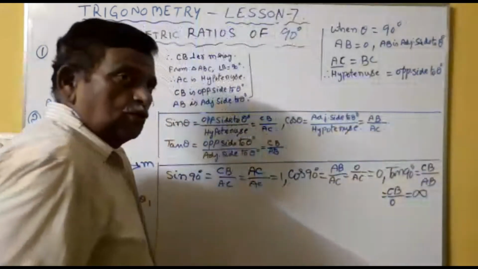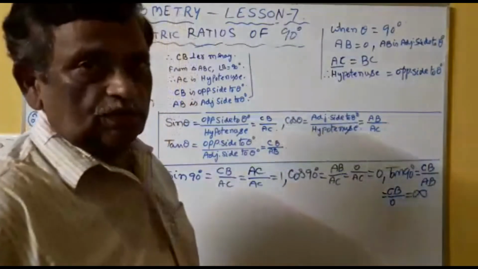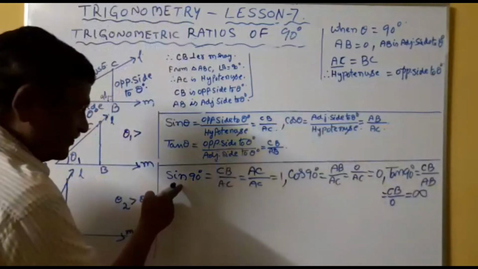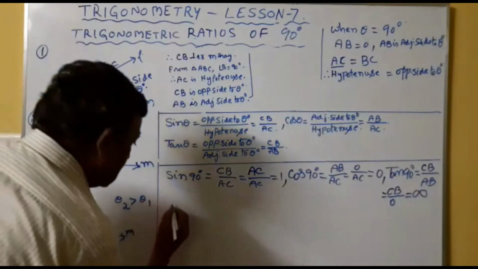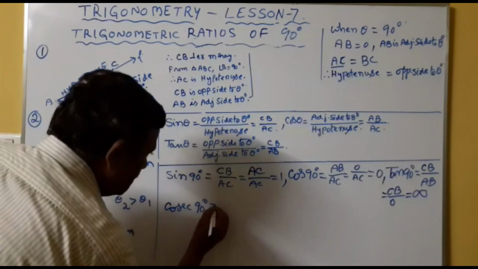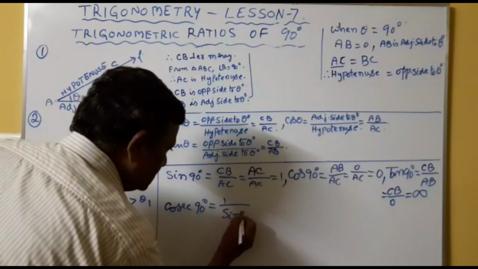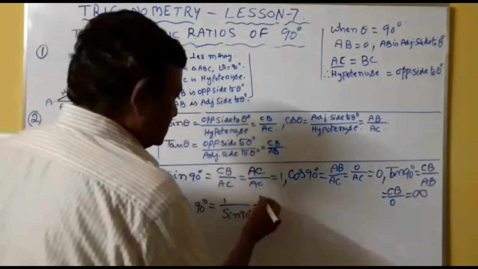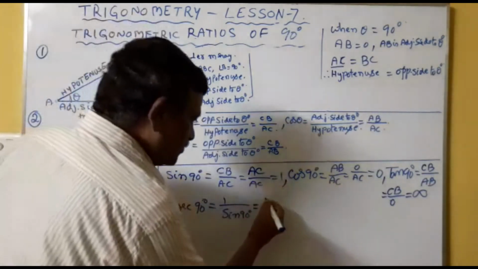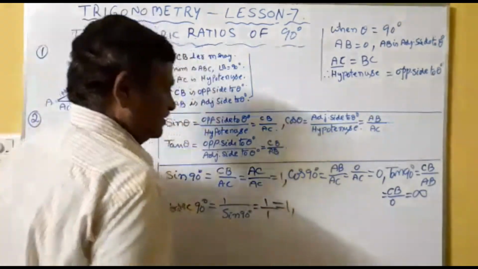Next, using the reciprocal identities of trigonometrical ratios, the reciprocal of sine is cosecant. Cosecant 90 degrees equal to 1 by sine 90 degrees. Since sine 90 equal to 1, therefore 1 by 1, this equal to 1.